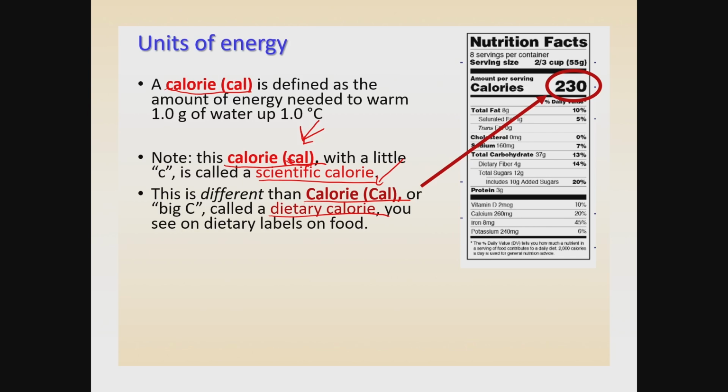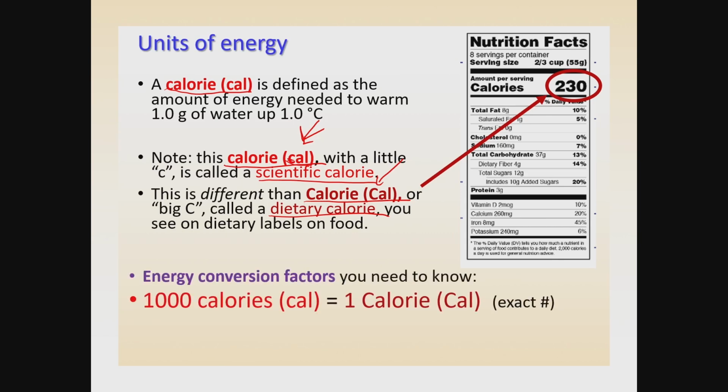But you have to remember, if it has 230 dietary calories, then it has a certain number of scientific calories. In fact, one of the conversions you need to know is that there are 1,000 scientific calories in 1 dietary calorie. So going back to this, if you have 230 dietary calories, you have that times 1,000, which gives you 230,000 scientific calories.